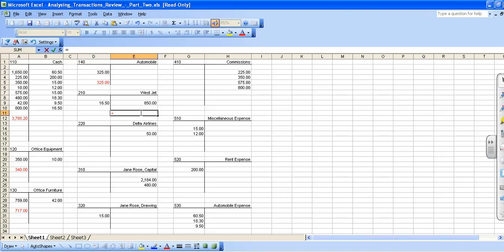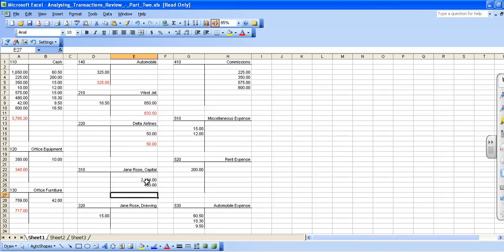So for this one, we're going to take E9, which is our beginning balance, and subtract what we paid out to WestJet in D9. So our balance for WestJet is $833.50. We didn't do anything with Delta Airlines, so our formula is just going to be equals E15.